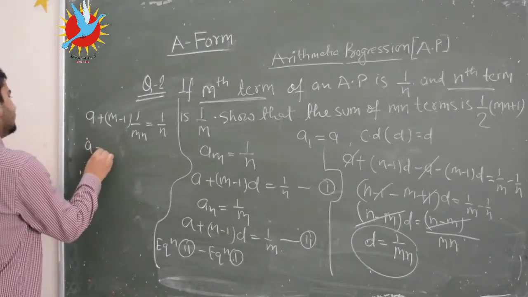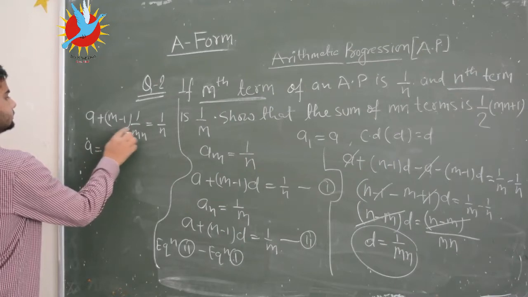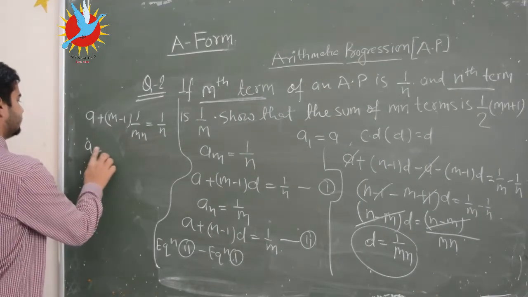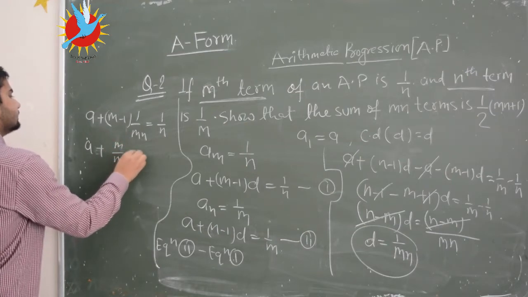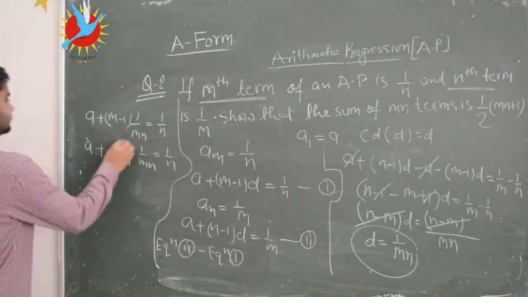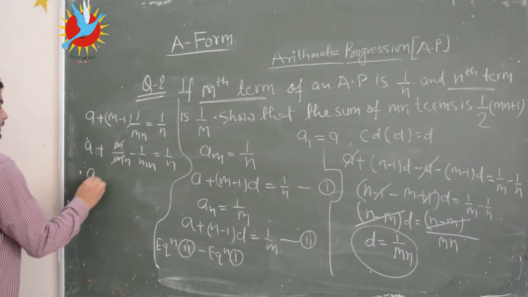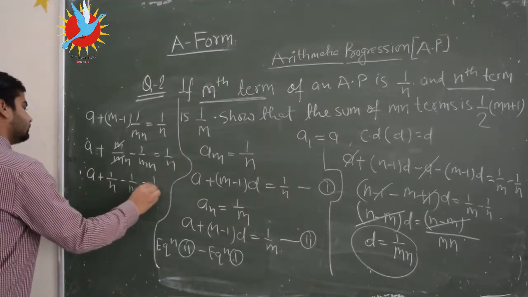Now it will be a plus, multiply this 1 upon mn in this (m minus 1), so it will be a plus m divided by mn minus 1 upon mn equal to 1 upon n. So this m and m will get cancelled. a plus 1 by n minus 1 upon mn equal to 1 upon n.